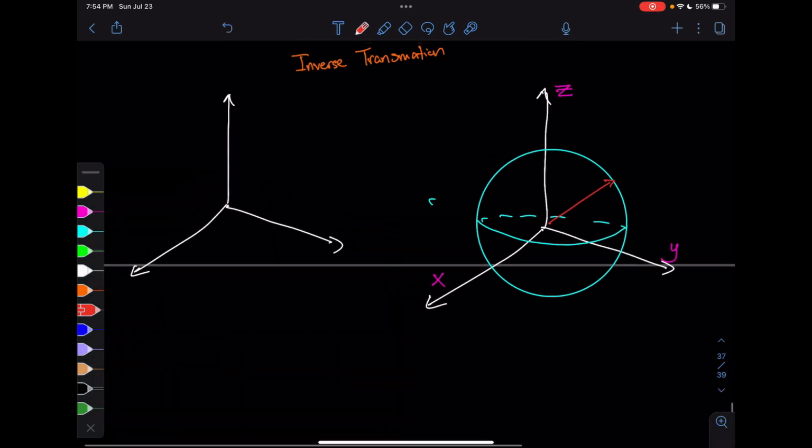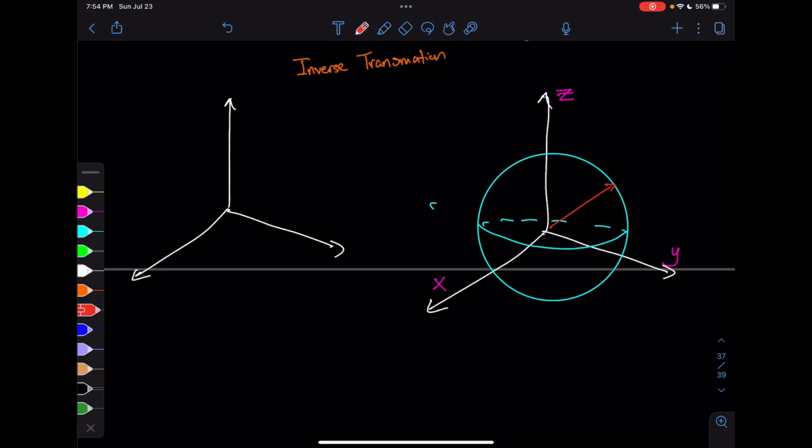And we said, well, let's use this pre-made transformation. x is equal to rho sine phi cosine theta, right? It's kind of like cylindrical coordinates, but instead of r cosine theta, it's rho sine phi cosine theta. And instead of r sine theta, we have rho sine phi sine theta. And z is equal to rho cosine phi, right? Let's use this pre-made transformation that I just gave to you.